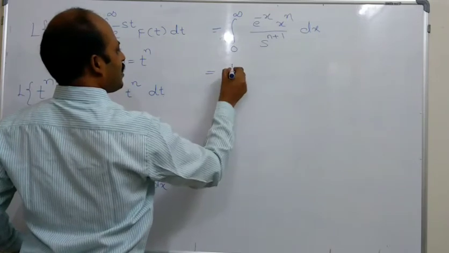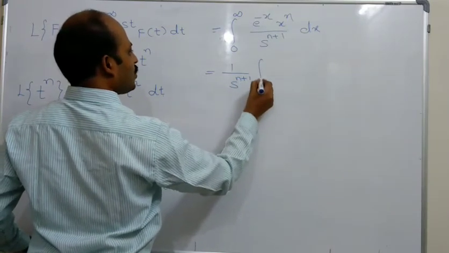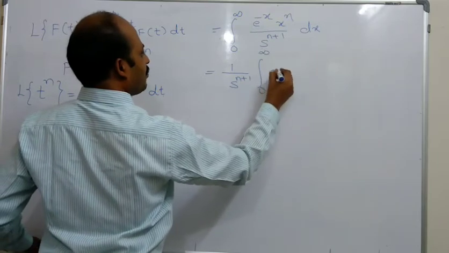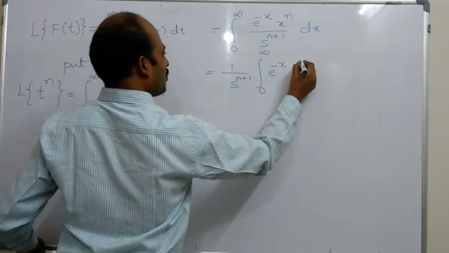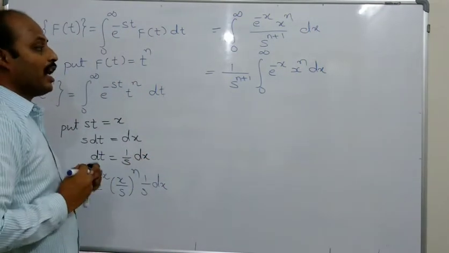S is the parameter, so a constant: 1 by s power n plus 1 integral 0 to infinity e power minus x, x power n dx. Let us use the definition of gamma function.